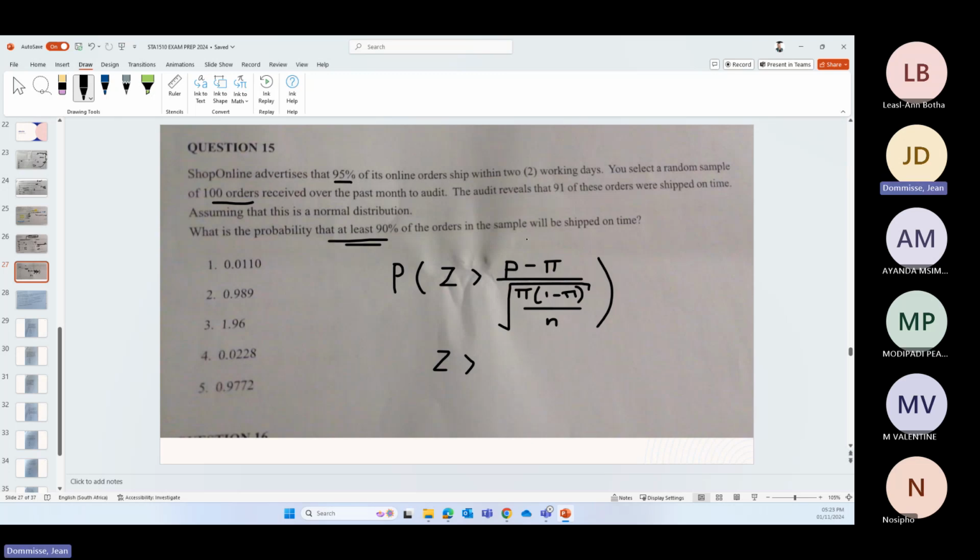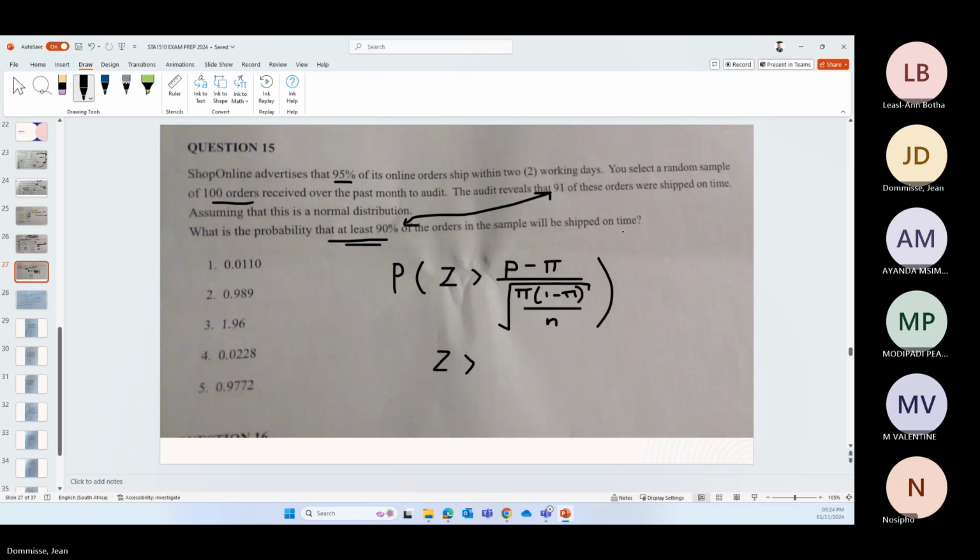This is interesting. I thought those two would be the same, but it's not. What's the probability that at least 90% of the orders in the sample will be shipped on time? This is interesting.